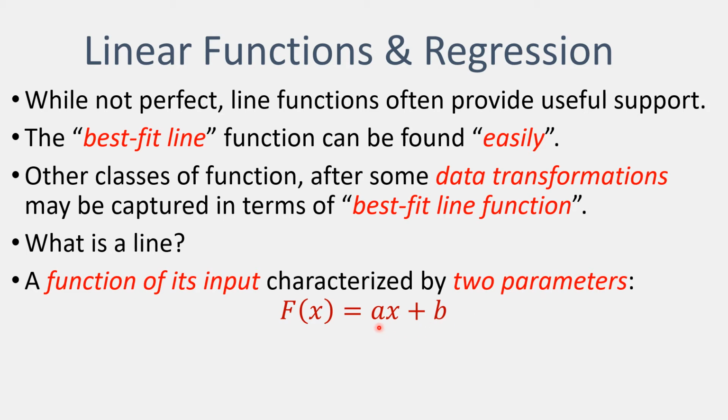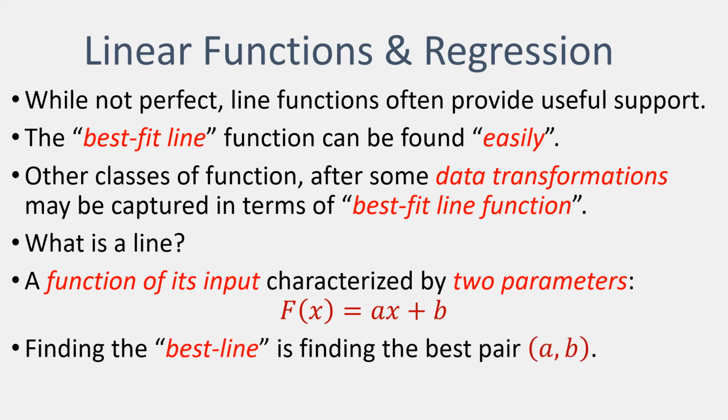We have this parameter which we refer to as the gradient of the line, and this parameter which we refer to as the offset of the line. So when we talk about finding the best fitting line for a set of data, all we mean is we are looking for the best pair, the pair that we can select as the gradient and the offset, which will result in our least squares approximation being minimized.